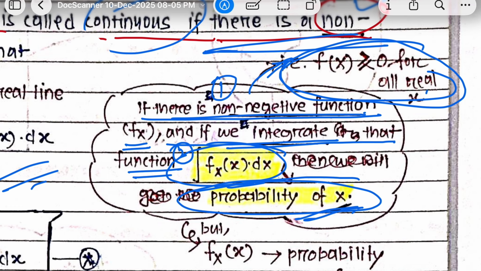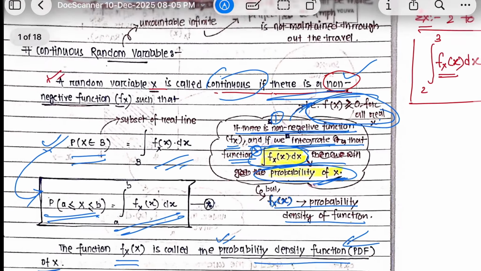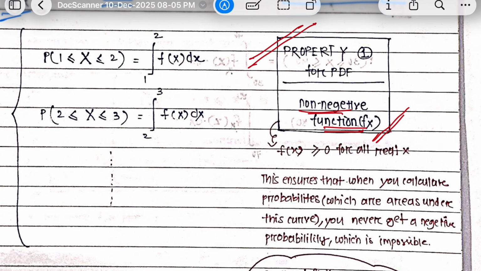And the small f of x is the probability density function. Now, I have already told you that this ensures that when you calculate probabilities, which are the areas under the curve, it must be non-negative, because otherwise the area will be negative, which is impossible.